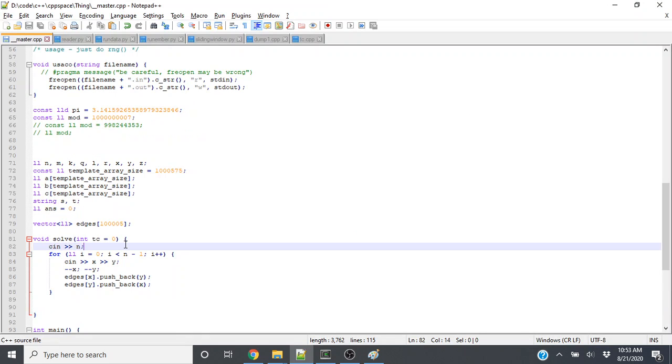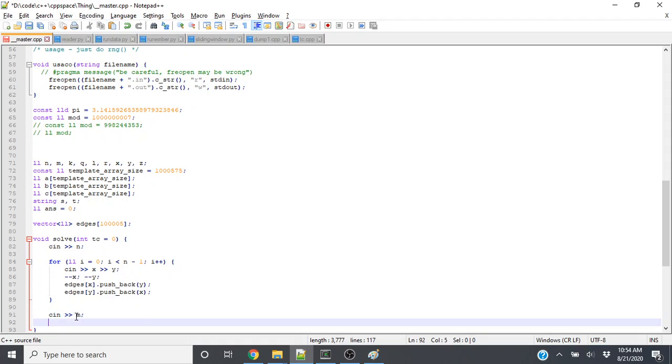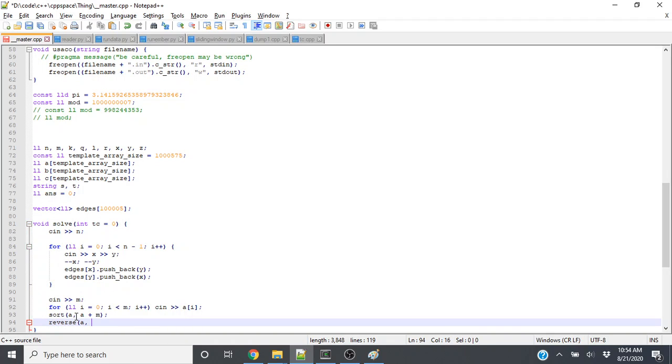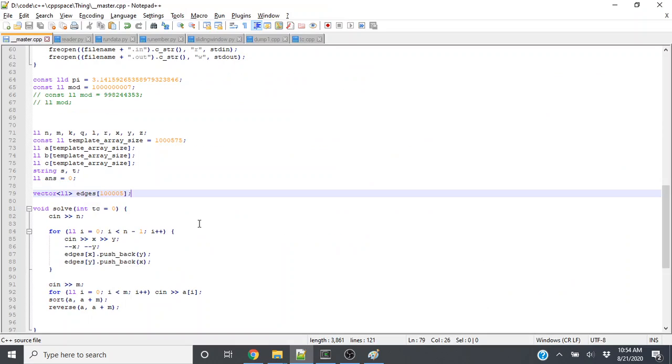And 0 indexing. Okay, now cin into m. We're going to reverse it so the biggest numbers are first.